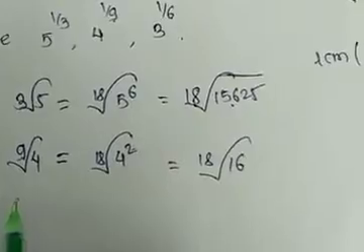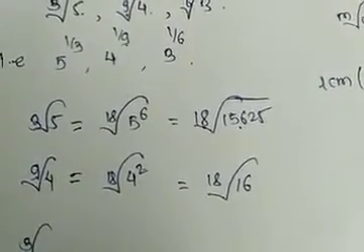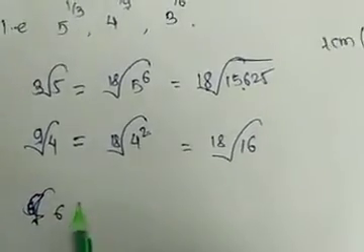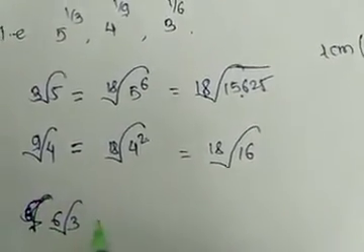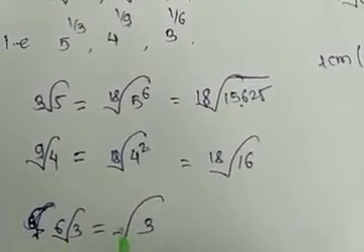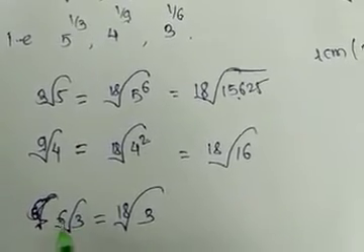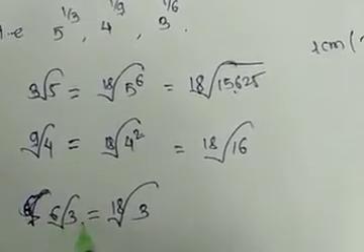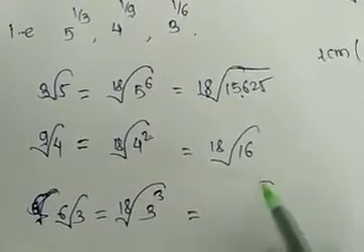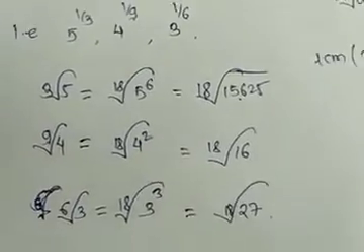Next is the sixth root of 3, which can be written as, to make 18, we have to take power 6 into 3. 6 into 3 is 18, so the power of 3 will be 3, which is equal to the 18th root of 27.